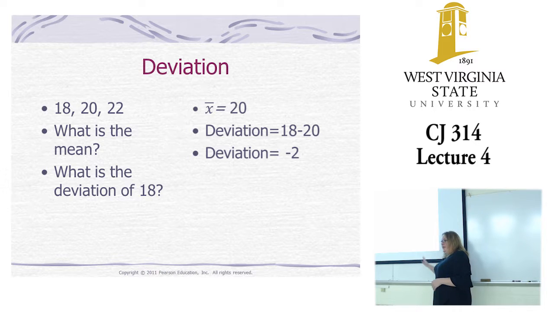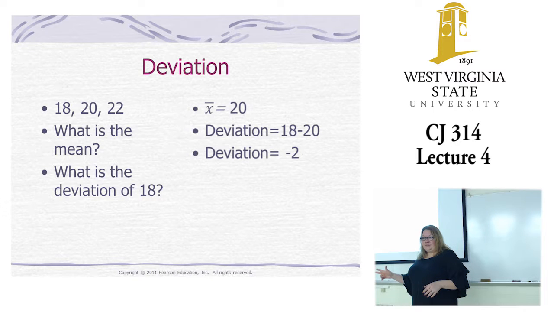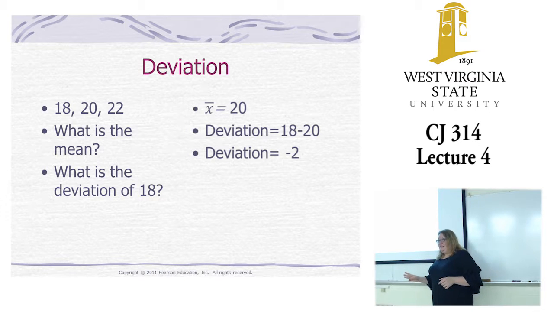Let's figure out the mean. 18 plus 20 plus 22. What does that give us? 60 divided by our n, which is 3. What's our mean? 20. Okay.